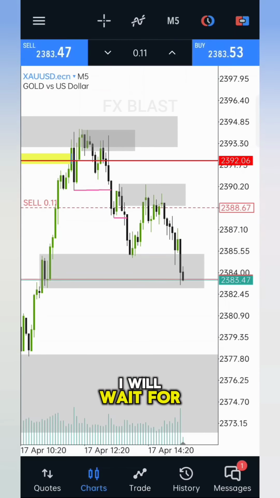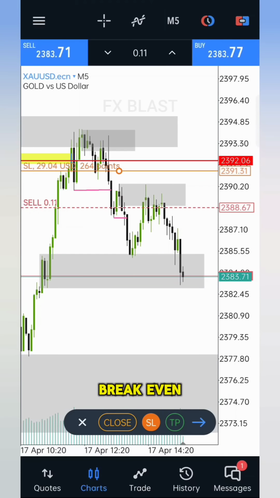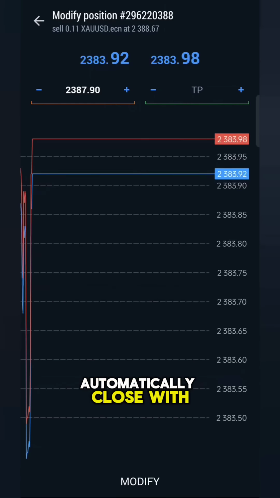So, now I will wait for the price to hit my extreme profit target zone and move the stop loss to break even. So that, if it doesn't reach my level, the order will automatically close with no loss.